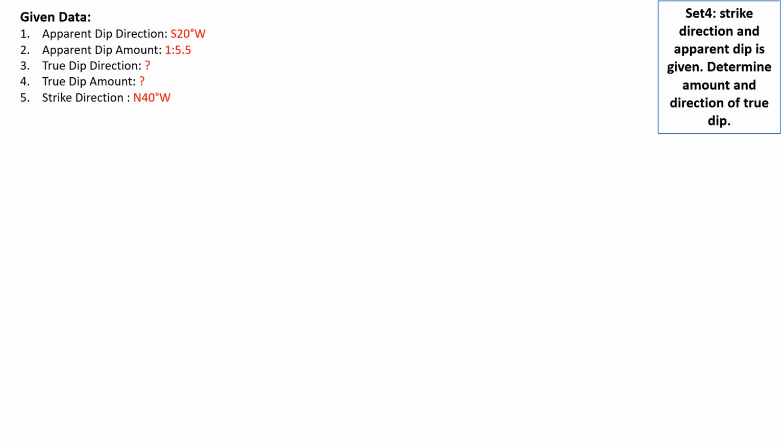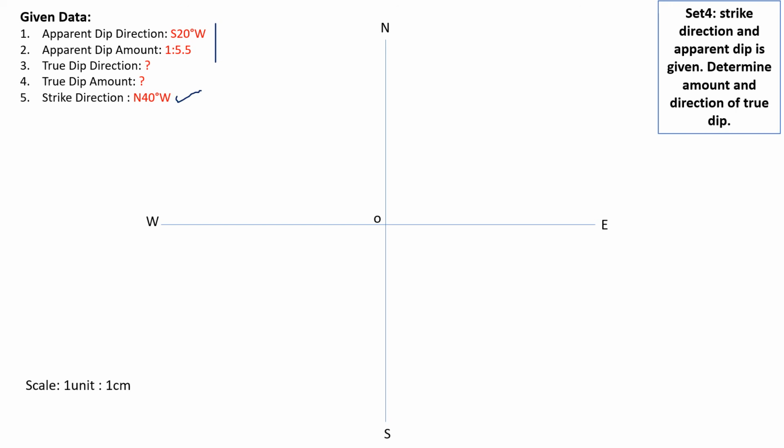So unlike the previous problem, we'll again be drawing the north, south, east, west line. Mark the point of intersection as point O. Even though we have data for the apparent dip direction as well as amount, we'll first plot the strike direction, that is north 40 west.